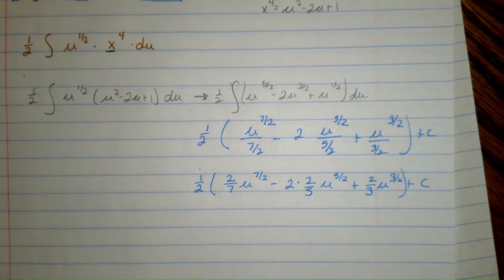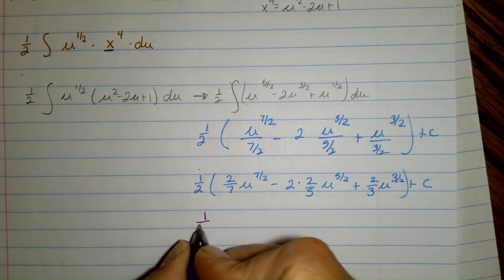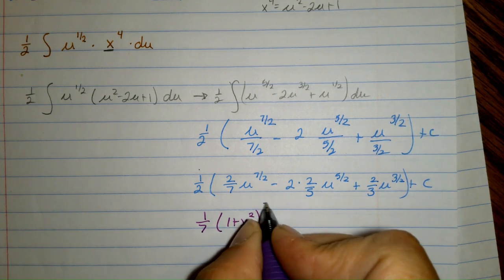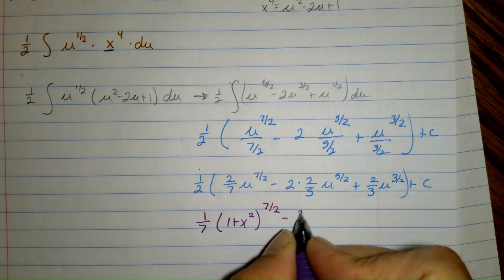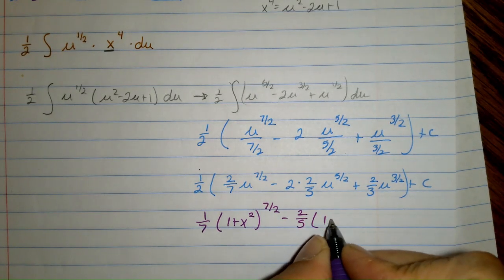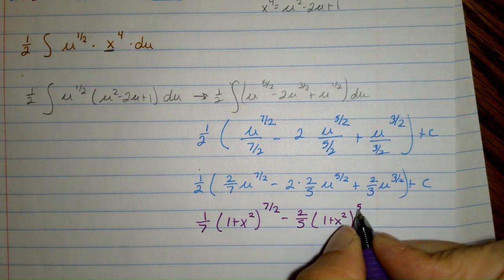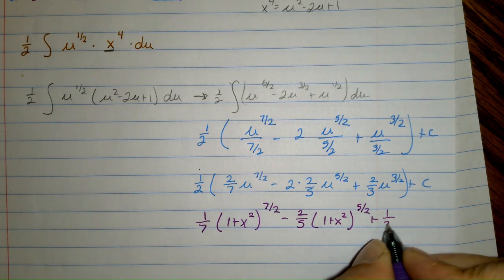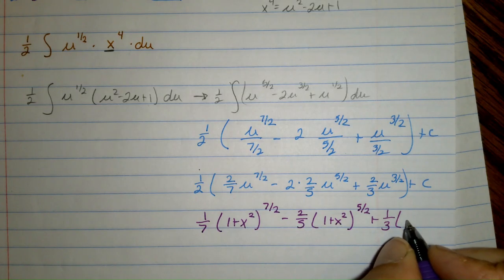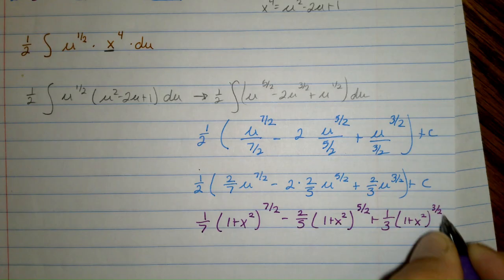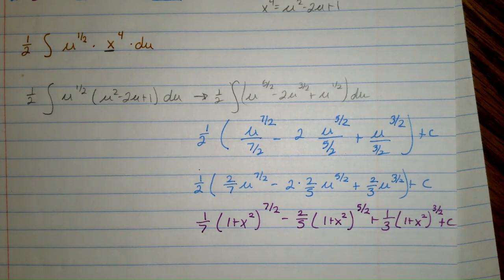All right, so I'm going to have a final answer of 1/7, where u is 1 plus x squared, minus 2/5, plus 1/3, plus c.